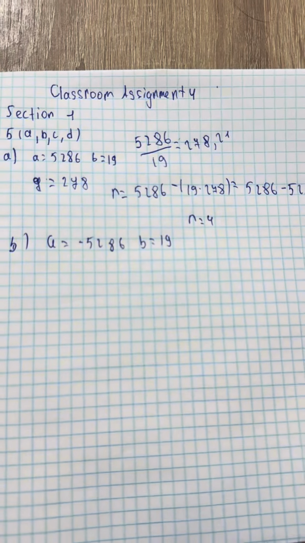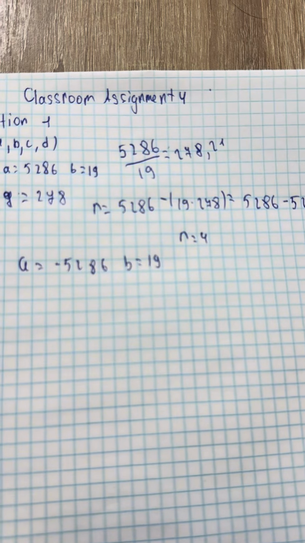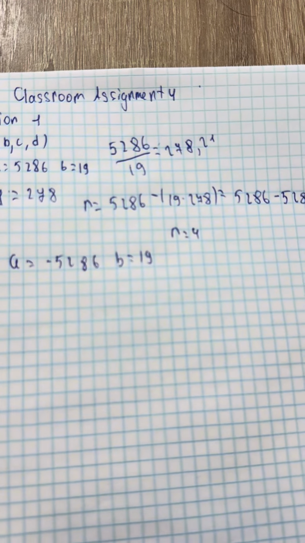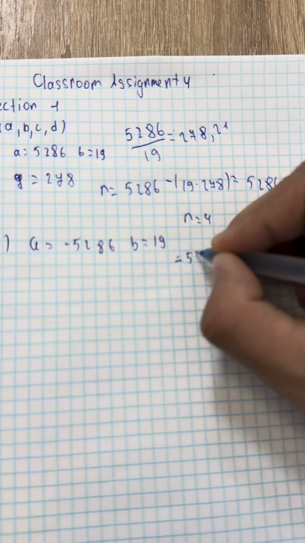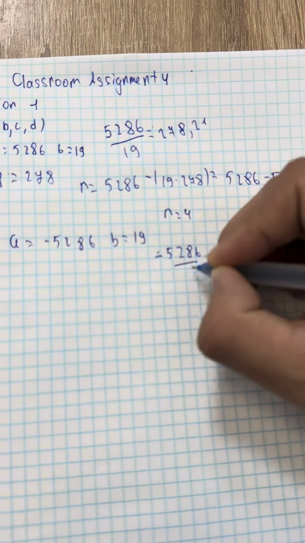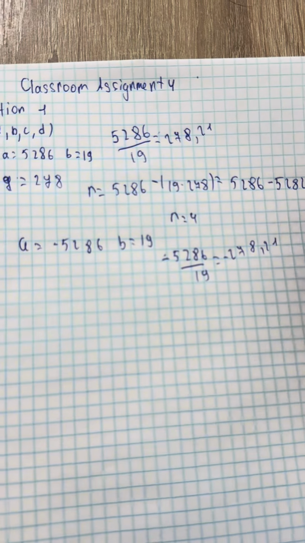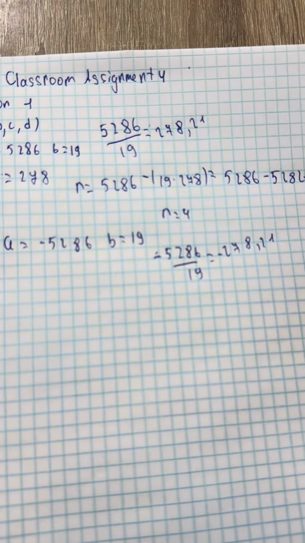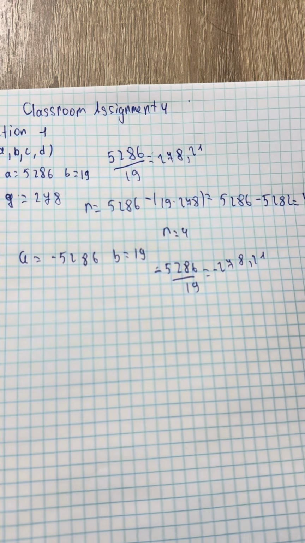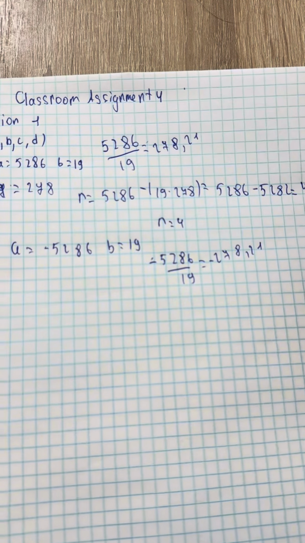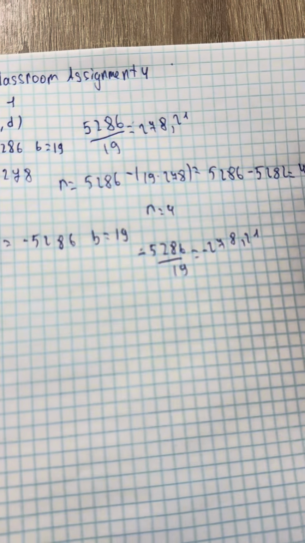Now A is negative. When we divide, we get negative 278. Since the remainder must be non-negative, we round down to the next integer. So Q is negative 279. Now calculating the remainder.